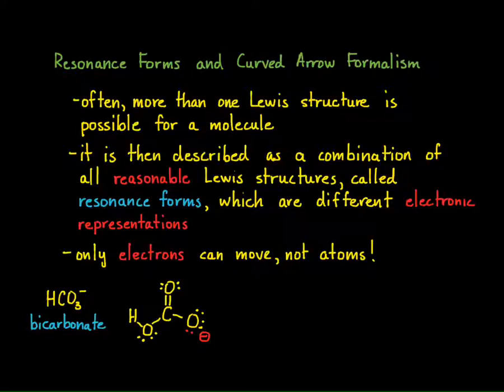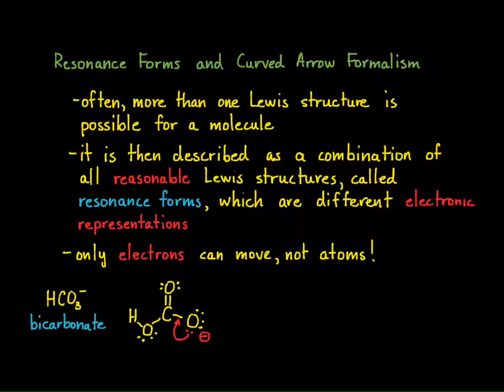But we can draw a resonance structure in which that red pair, now it's arbitrary, I could have picked any of the three pair of electrons, but that red pair is going to form a new bond between carbon and oxygen. Notice I'm drawing the arrow from that pair of electrons, the red pair, to the bond, because I know it's going to form a new bond between carbon and oxygen.